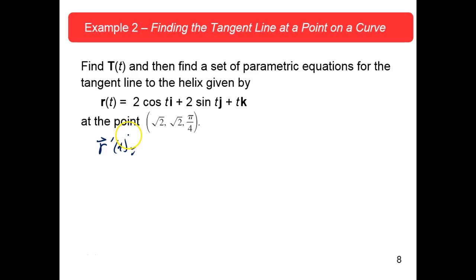And what would that be? Negative 2 sine t i, plus 2 cosine t j plus k.